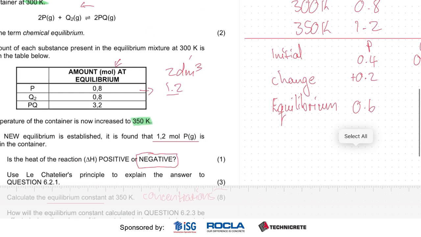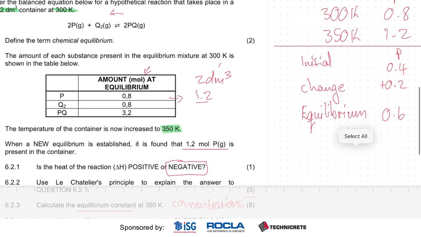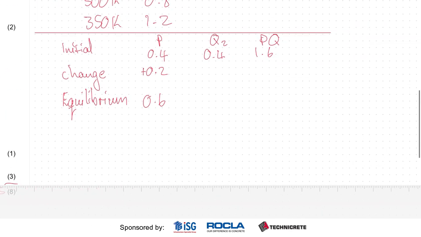And what we can see here is that P and Q are related by 2. So whatever happens to P, half of that will happen to Q. So here the change would be 0.1, and this should be 0.5. And then P and PQ are in a molar ratio of 1:1.